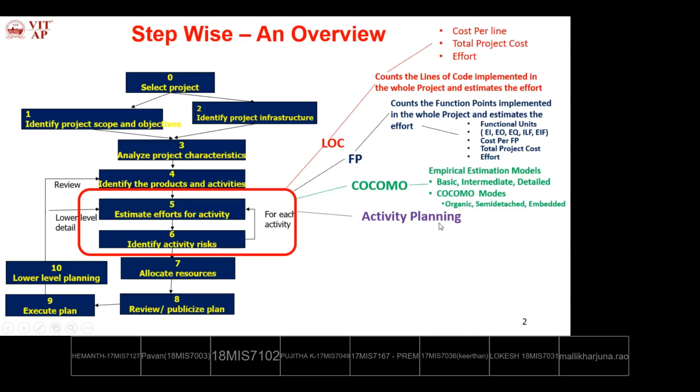Then activity planning. In this case, we are scheduling the activities. First, we have to identify the various activities that are involved in the software project development. After identifying all the activities, we have to schedule. What do we mean by scheduling? Here we are not treating the problem as a single entity.